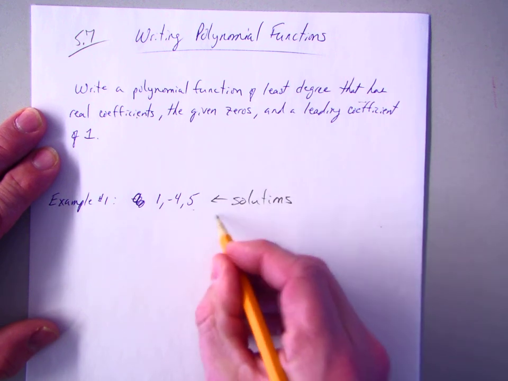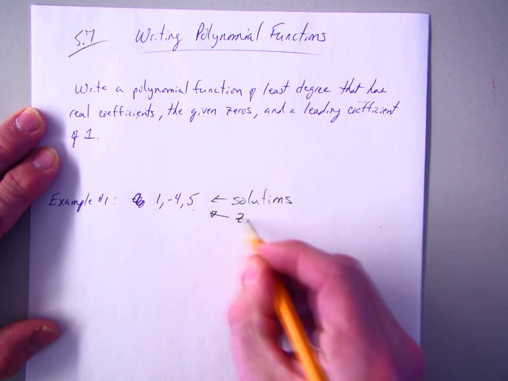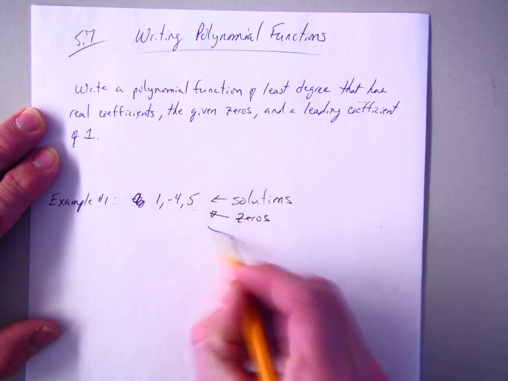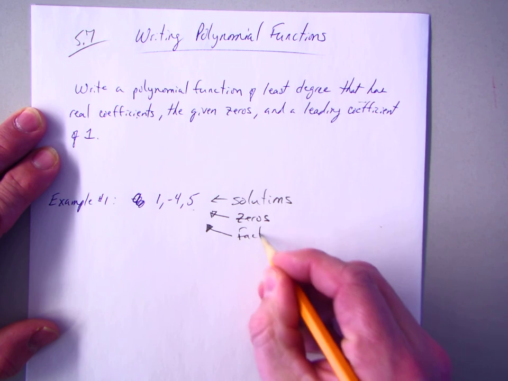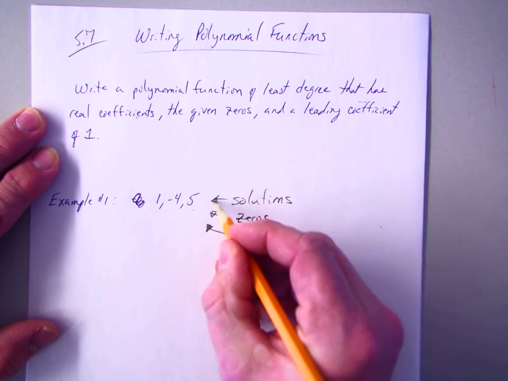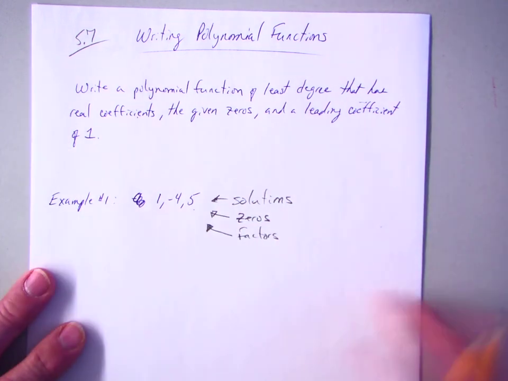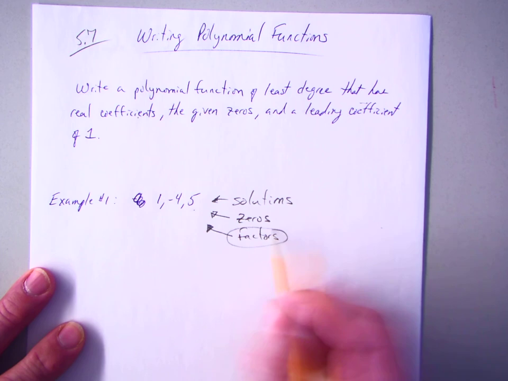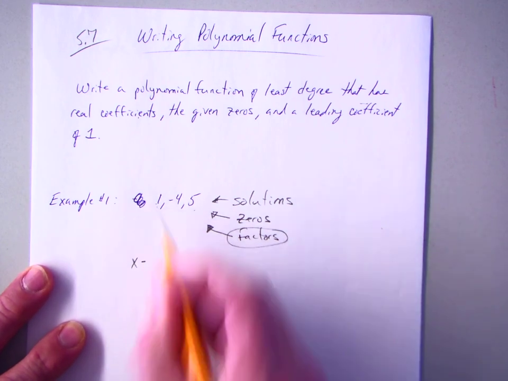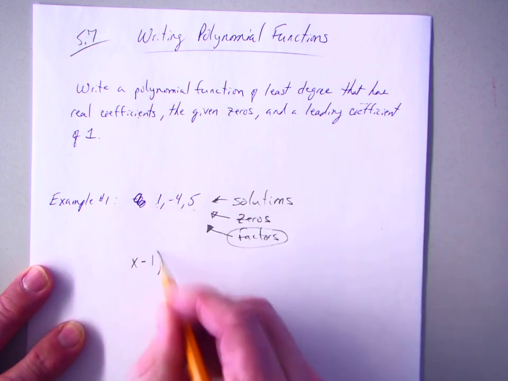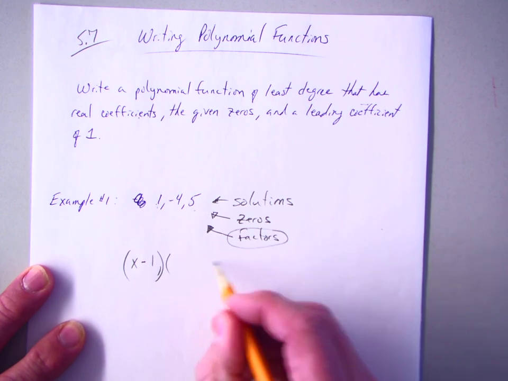Sometimes they're called zeros, and sometimes they are called factors. They all mean the same thing. So we're going to write it in factor form. We take the first one, and we do x minus the solution, put it in parentheses.